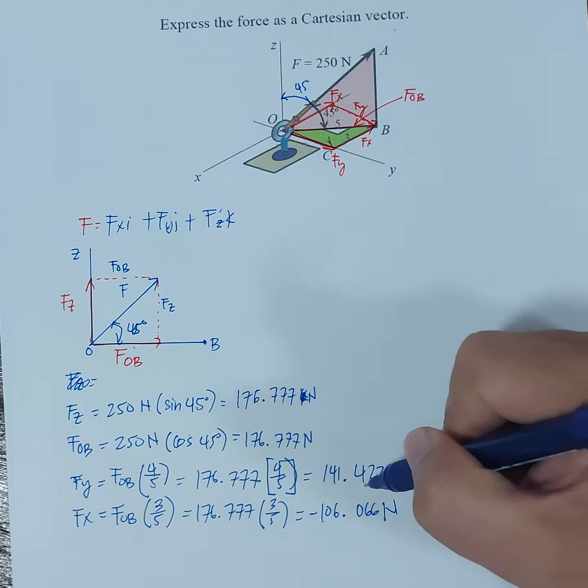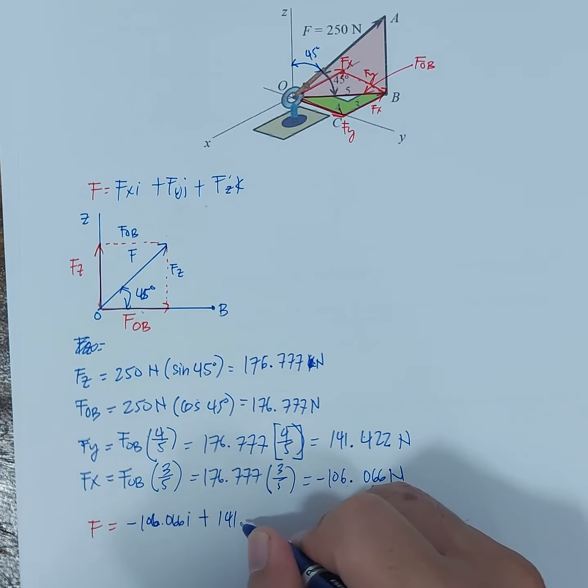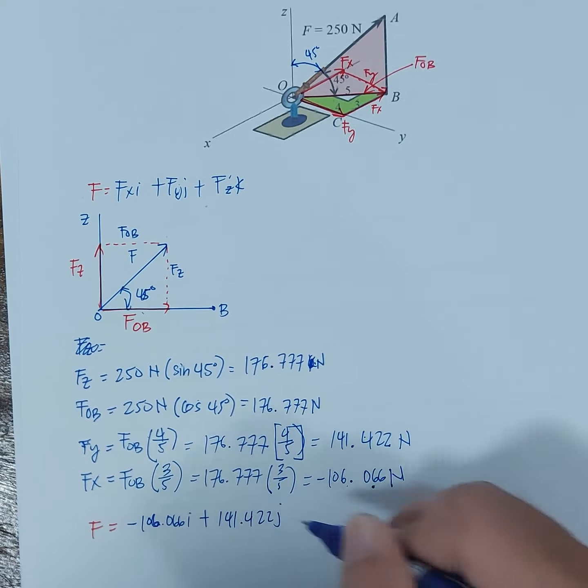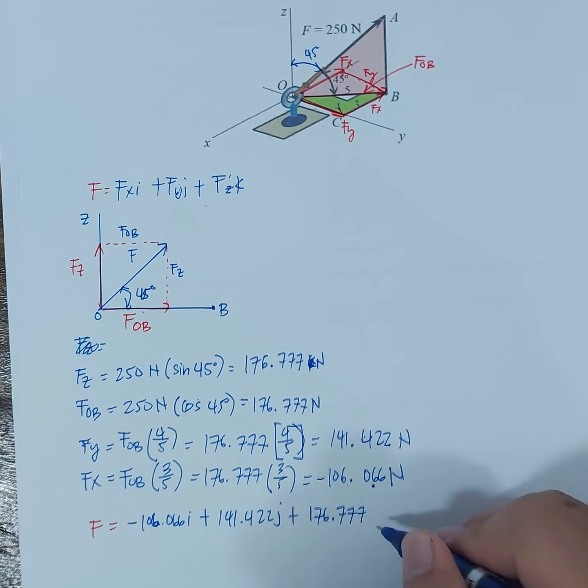Then we can now express it in Cartesian vector format. F is equal to Fx minus 106.066 i plus Fy 141.422 j plus 176.777 k.